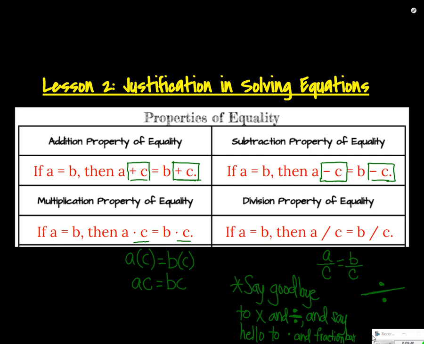Let me change colors. Here's your fraction bar right here. This represents something in the numerator. This represents something in the denominator. So really it is a fraction bar, but it's kind of got a little bit different meaning. But notice, we are dividing both sides by the same value. So that's the division property of equality. I'm allowed to divide both sides by the same value.